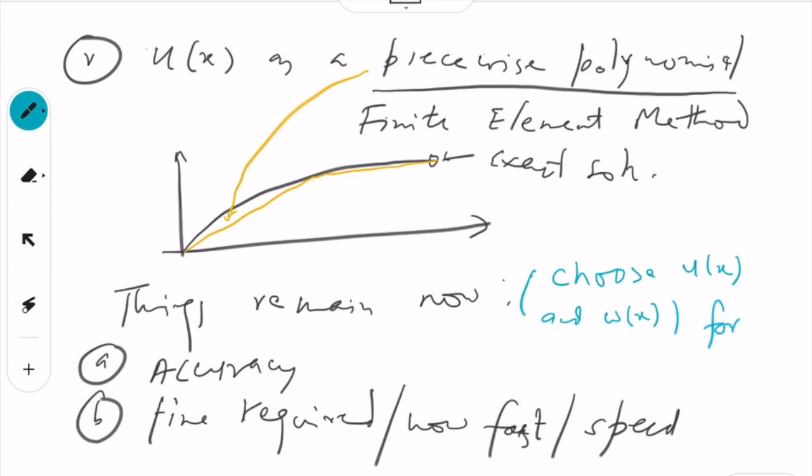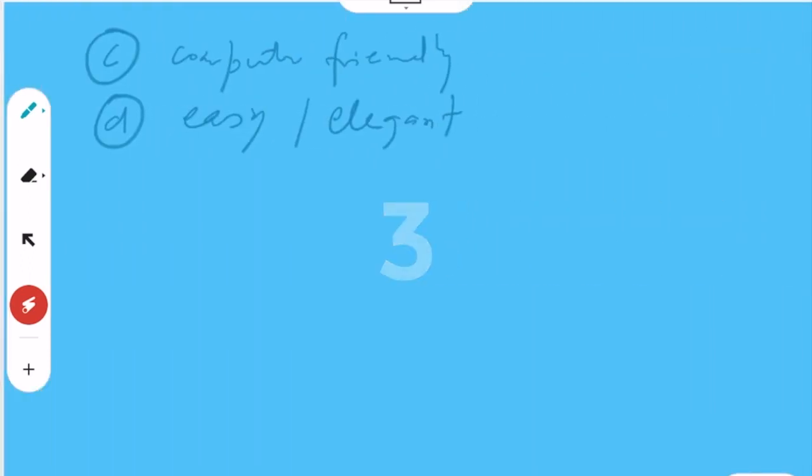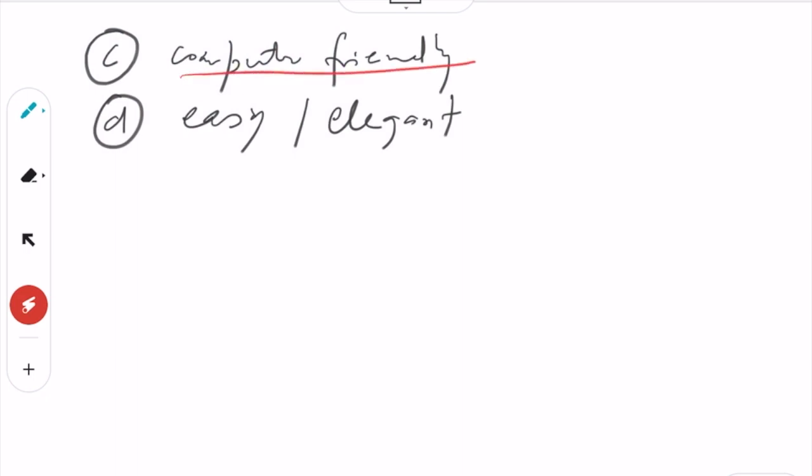We will choose u(x) and w(x) such that it will give accurate results, it will be fast, it will be computer friendly, and it will also be easy. That is what it means.